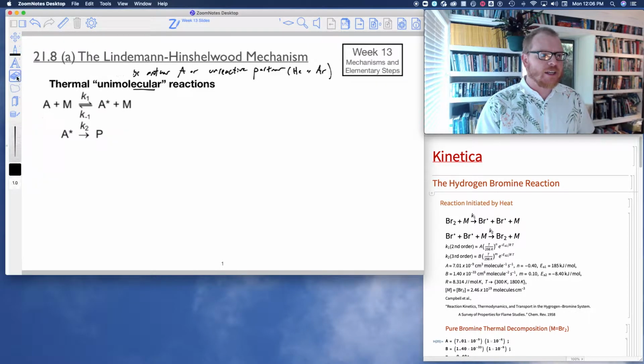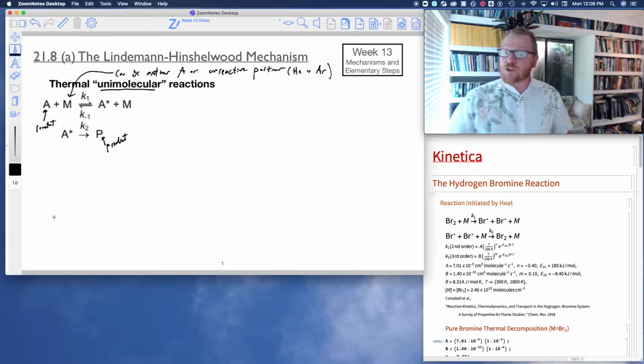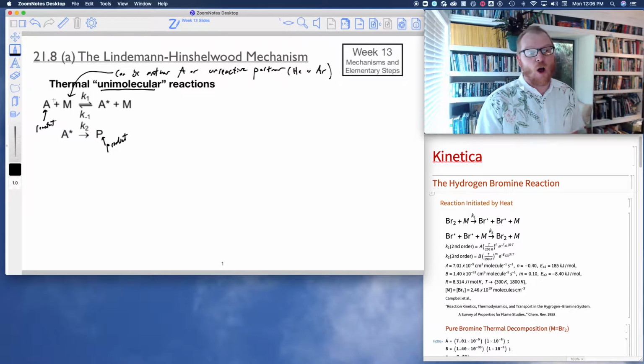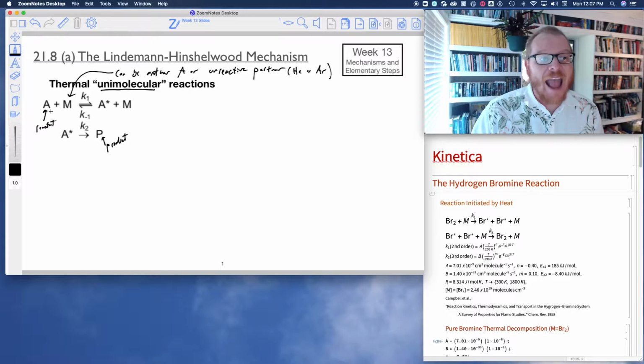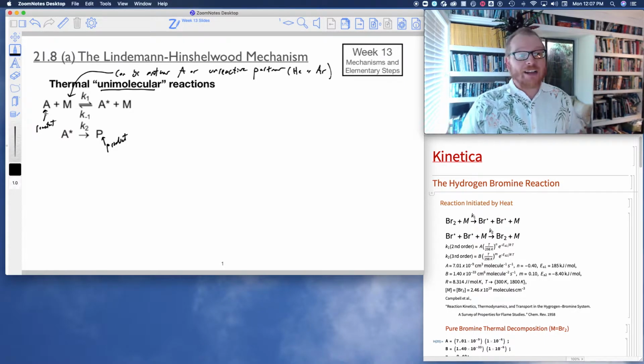I'm going to get rid of this to leave myself more room. What I want to derive now is why in some cases this thermal decomposition happens. If you think about this mechanism, A undergoes decomposition into product P. But why would A just react on its own?